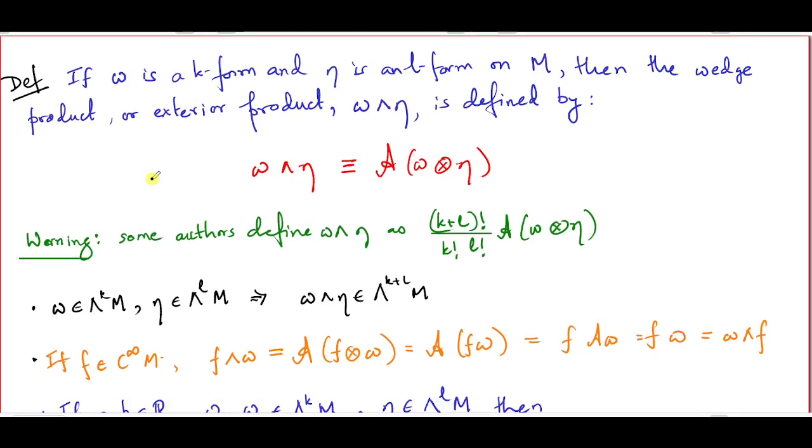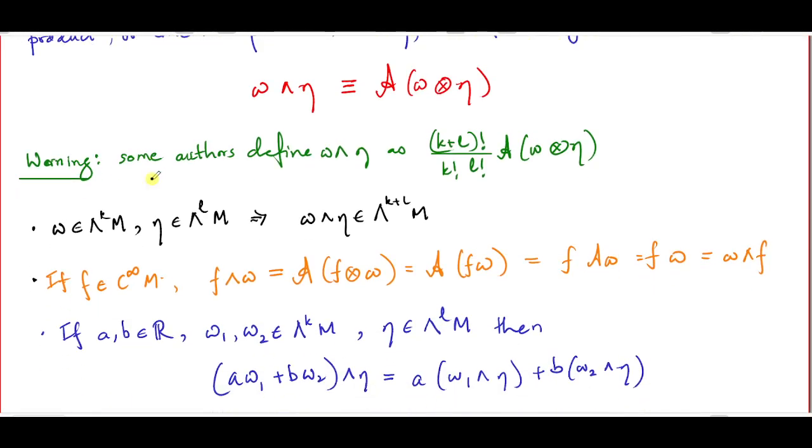Another property which is rather easy to prove is that this wedge product plays rather nicely with linear combinations. If a and b are real numbers, omega 1 and omega 2 are K forms, eta is an L form, then the wedge product of a omega 1 plus b omega 2, this particular linear combination, with eta, is nothing but a times omega 1 wedge eta plus b times omega 2 wedge eta. So the wedge product distributes over summation. It does so when the sum is on the left.